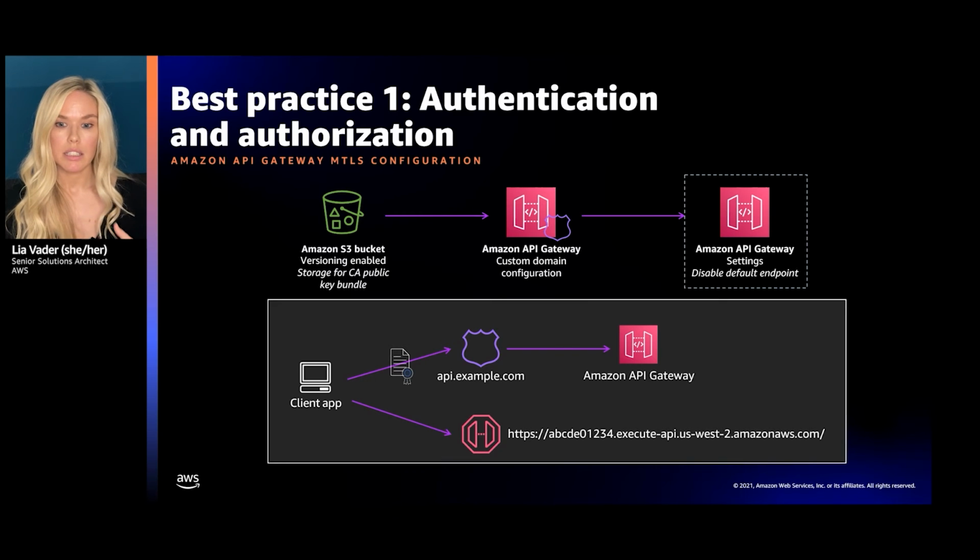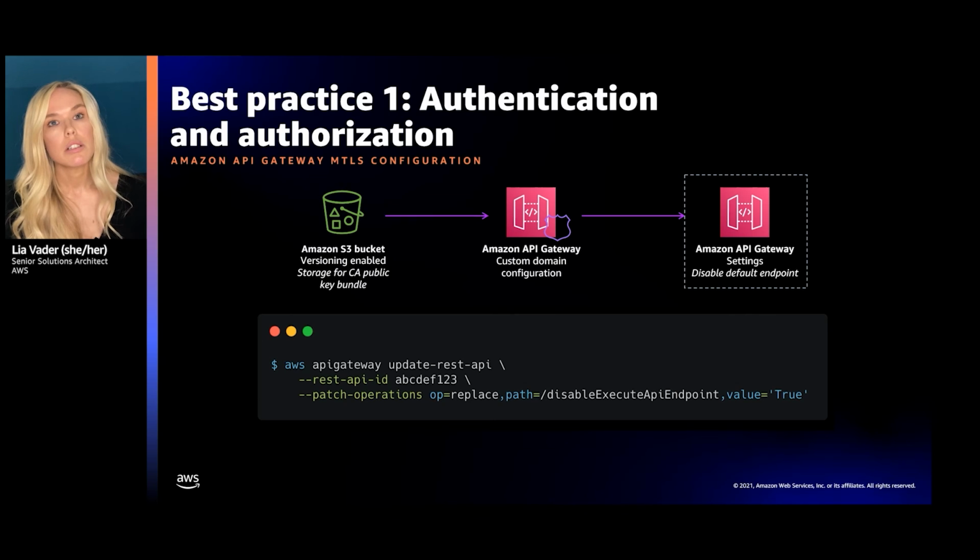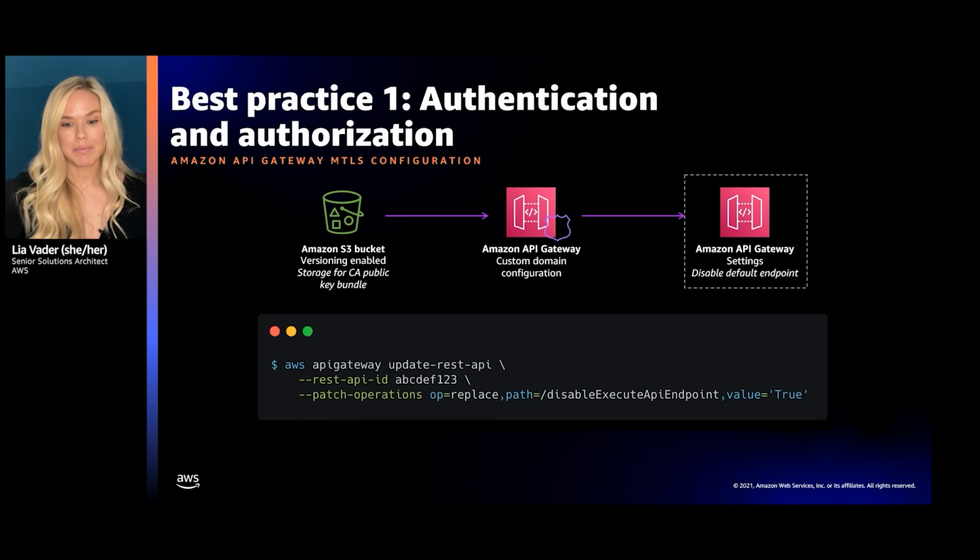So if the client points to the default endpoint, there's no MTLS configuration. So we need to disable that endpoint. And that's as easy as clicking a radio button in the console under Settings in API Gateway. Or alternatively, you can call update REST API and change the setting disable execute API endpoint to true.